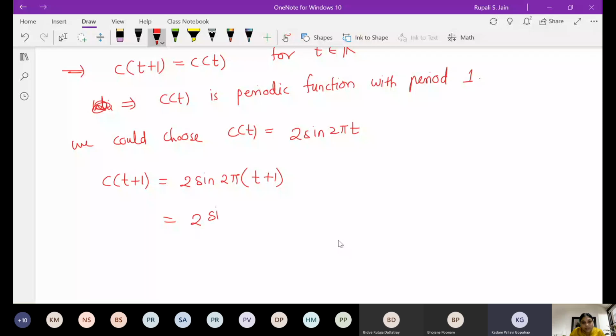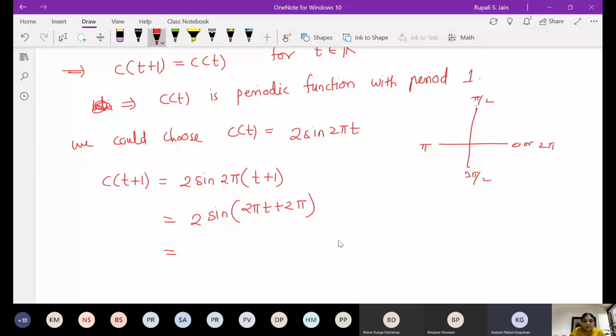Two times sine of 2 pi t plus 2 pi, so sine of 2 pi plus some theta is sine theta. Here, 0, pi by 2, pi, 3 pi by 2 — this is again also 2 pi, no?